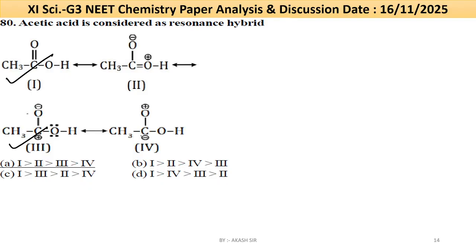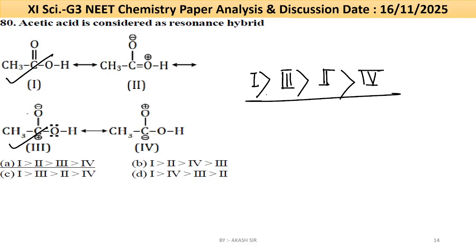Now consider the stability based on the electronegativity and charge distributions. If we consider the charge distribution here, the correct order must be structure 1 is greater than structure 3, structure 3 is greater than structure 2, and structure 2 is greater than structure 4.